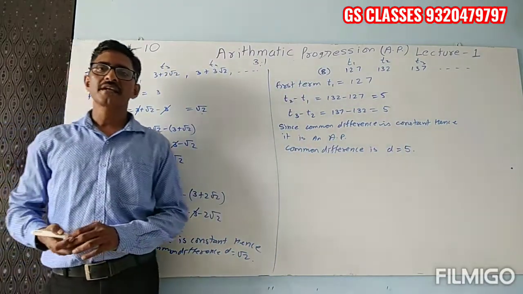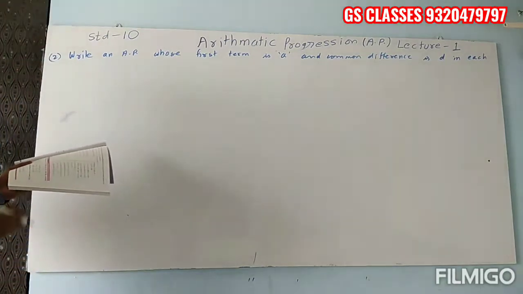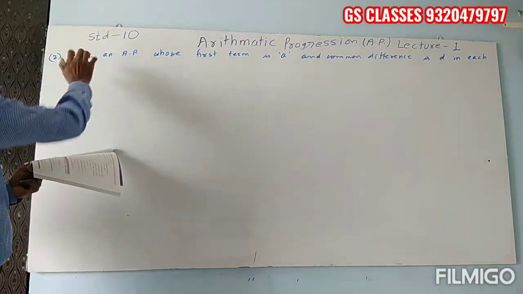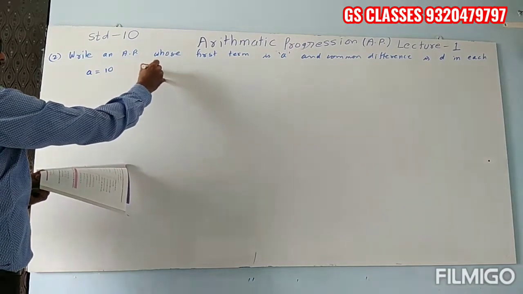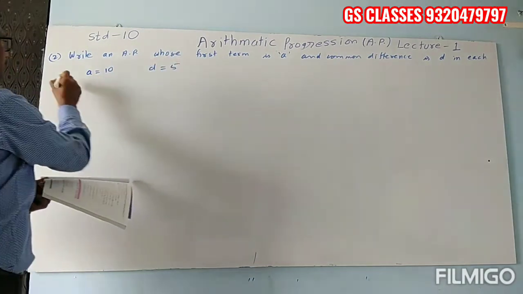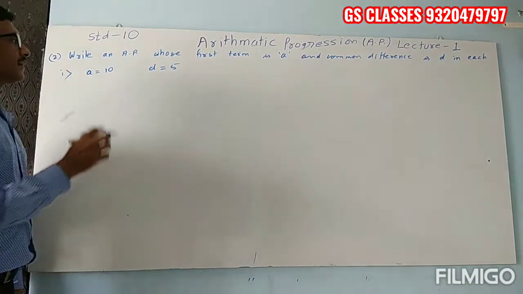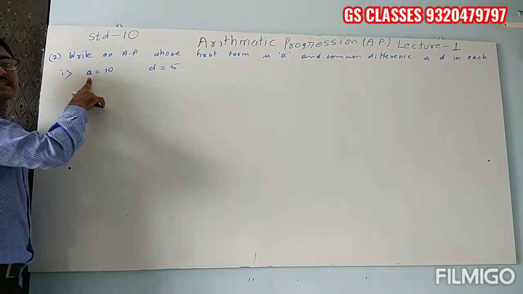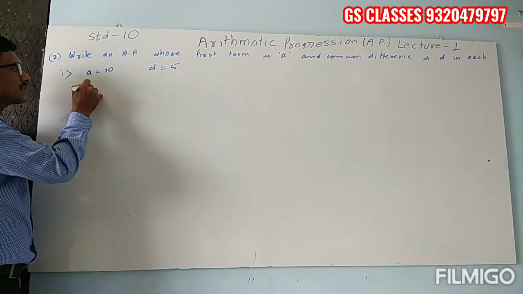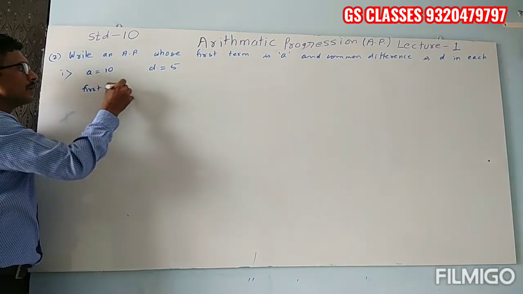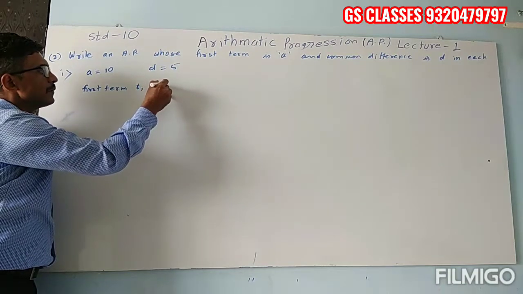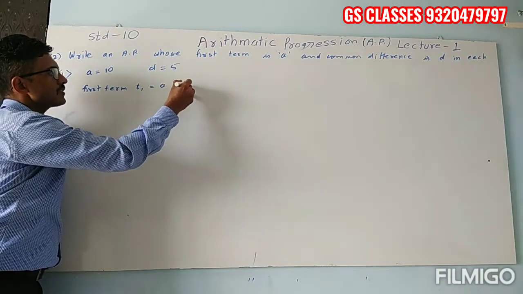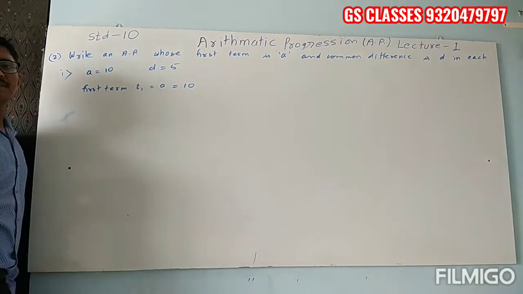So children, in second group of the question, they are giving us value of A and value of B. What is A? A means first term. First term, that is T1, it is indicated by A and its value is 10.